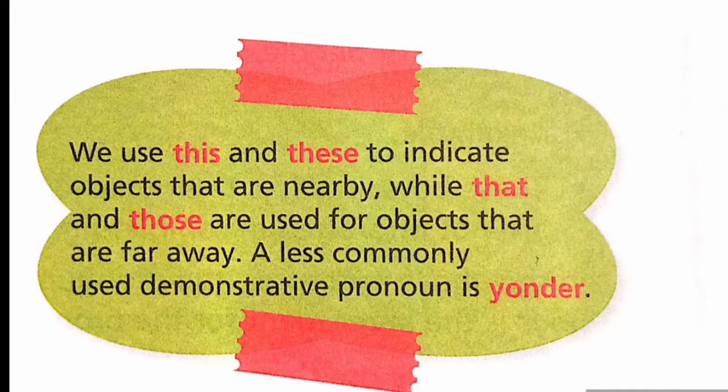We use this and these to indicate objects that are nearby, while that and those are used for objects that are far away. A less commonly used demonstrative pronoun is yonder.